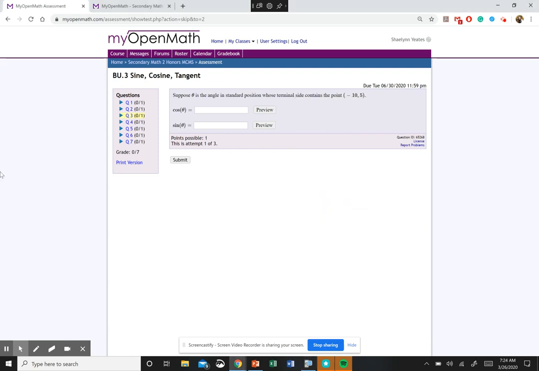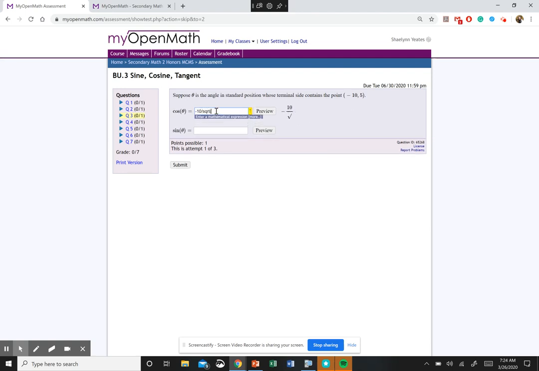Okay. So then I'm wondering if it'll be happy with this. So then my cosine would be -10 over square root of 125.